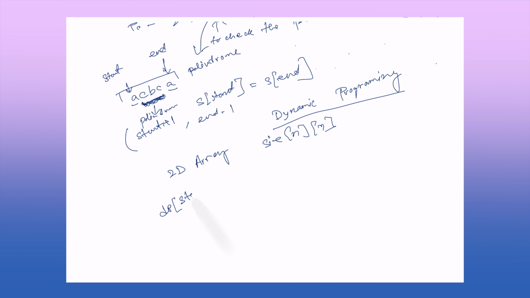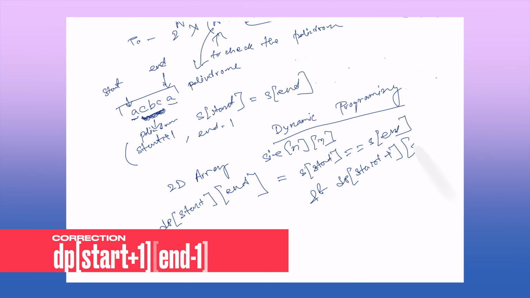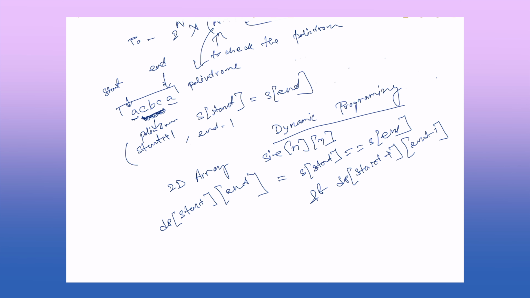dp of start end is equal to: s of start is equal to s of end, both the characters at the start position and end position should be the same, and dp of start plus 1 and end minus 1 needs to be true.